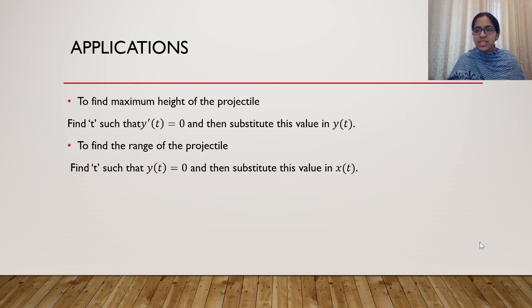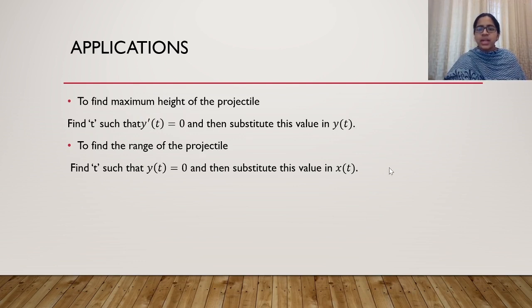We have discussed how to find the parametric equations of the trajectory, and with the help of that we can find the maximum height and the range. To find the maximum height, we have to find a t such that y dash of t is equal to 0 and then substitute that value of t in y of t. That will give us the height of the projectile.